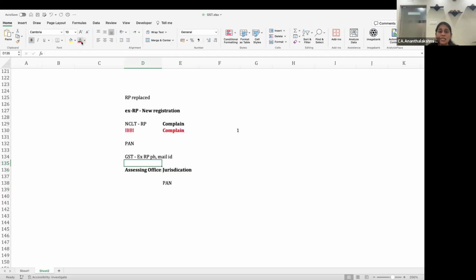With IBBI, since the RP's professional misconduct will come up, he will be under pressure. He can't continue with his profession. So we are giving pressure on him through IBBI. Again, as an RP, you approach the assessing officer, saying that I don't have this RP's password, nothing I don't have, but you can say you are the RP, the authorized representative now.